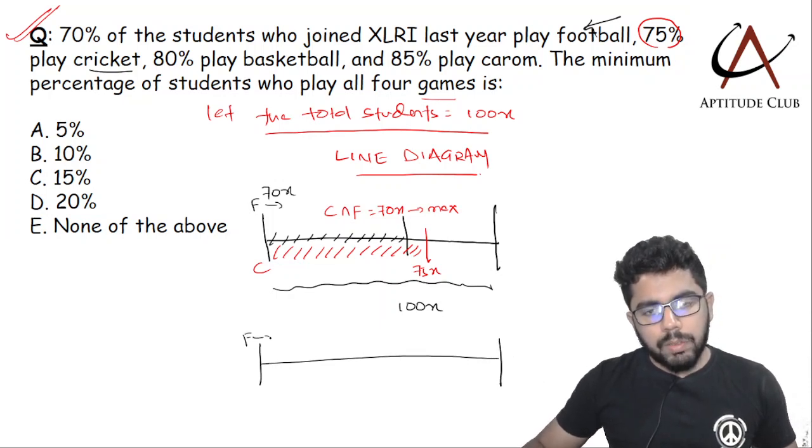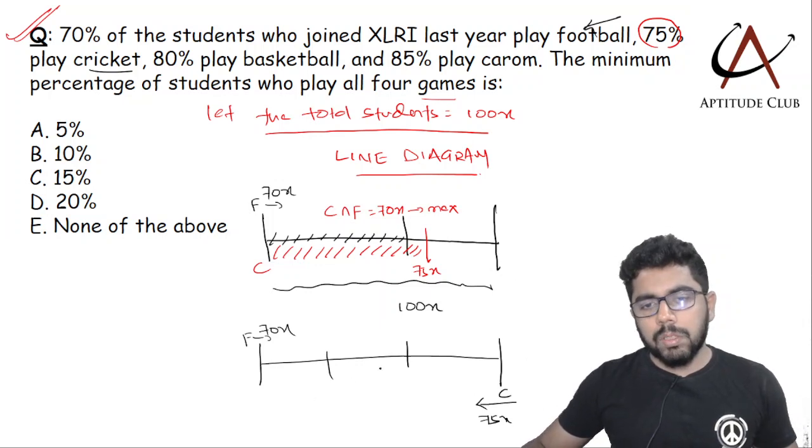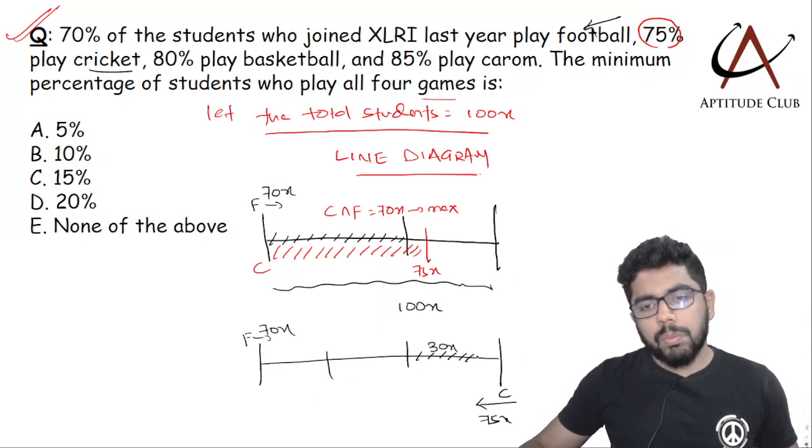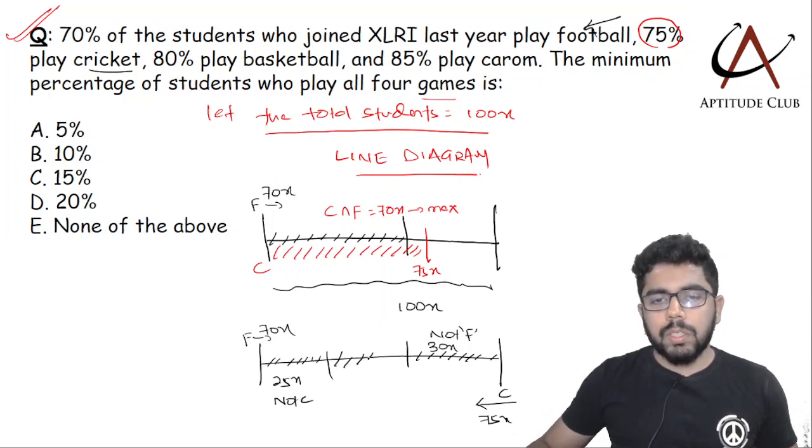So football is 70x somewhere here, and cricket is 75x. I'll take it from the opposite end, and it will be somewhere here. So these 30x people do not play football, and these 25x people do not play cricket. Whatever is left in between, how much will that be?